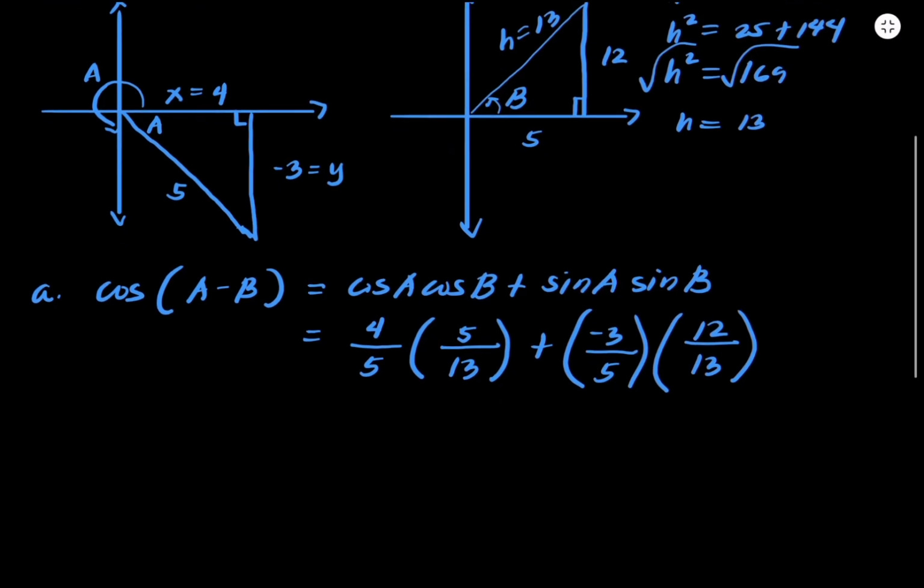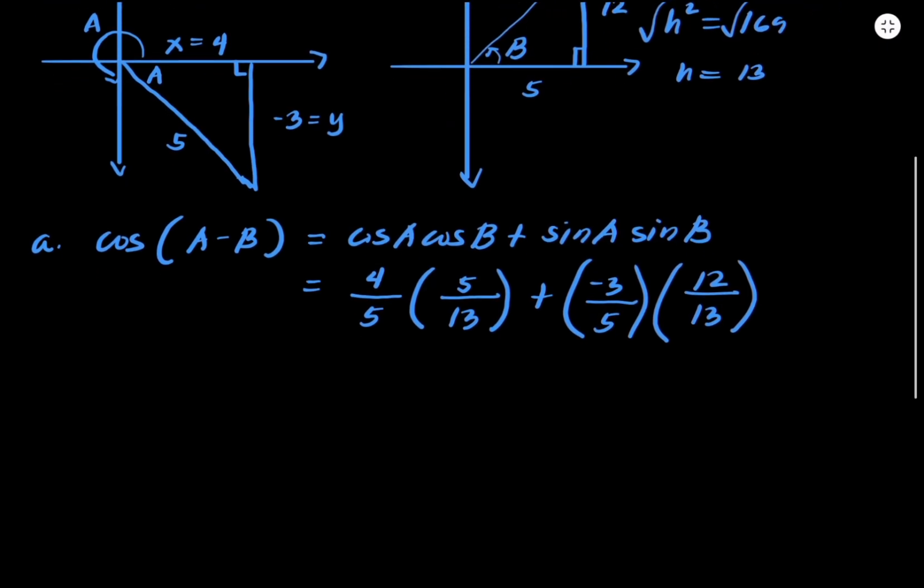Okay? So let us simplify. So this is equal to what? This is equal to 20. We can cancel 5, right? So we have 4 over 13. Okay. So negative, so minus 36, right?